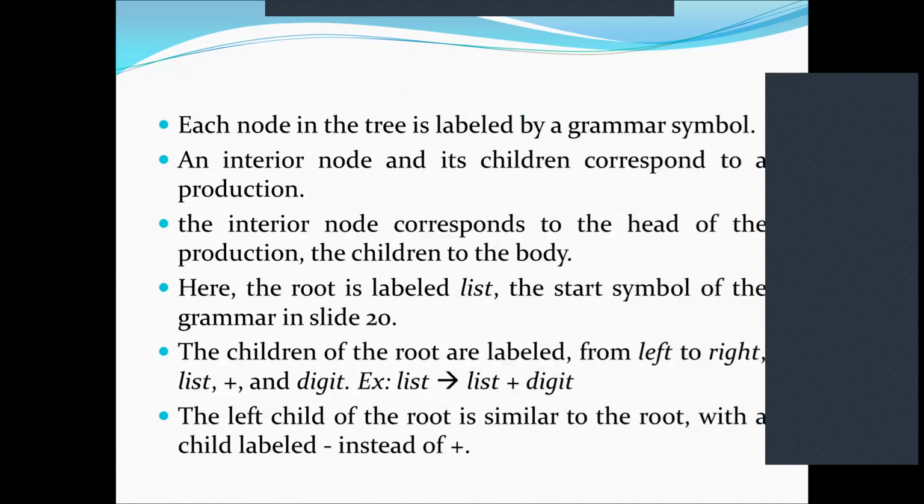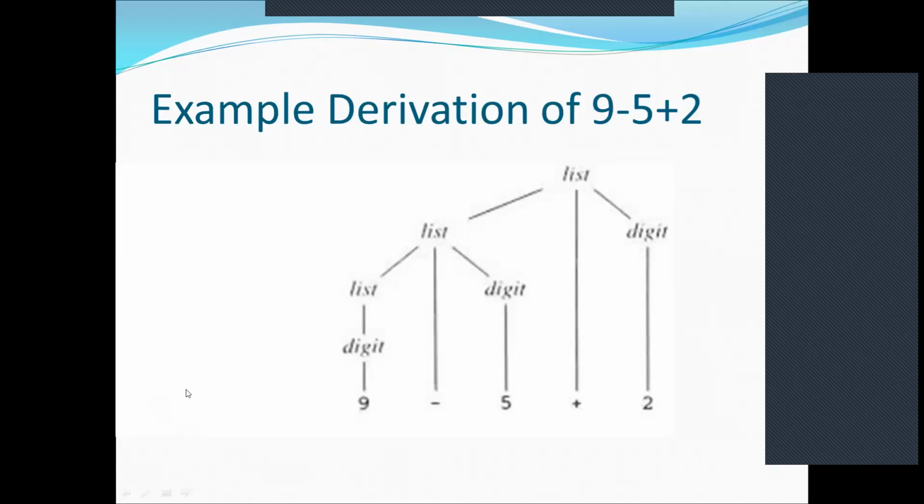Now, each node in the tree is labeled by a grammar symbol, as we saw. An interior node and its children correspond to a production. If this is an interior node and its children are list, minus, digit, so this is a production. List can have the form of list minus digit is a production.